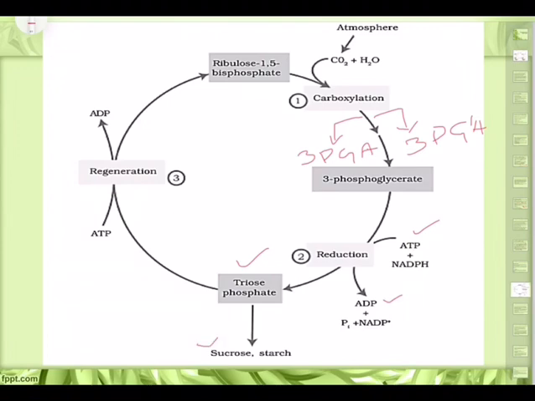In the reduction, you can see the ATP is getting converted to ADP. That means utilization is taking place. And similarly NADPH. So this results in formation of triose phosphate. And triose phosphate will lead to formation of glucose. Glucose is a monomer, and glucose units combine and form a polymer, which is starch.